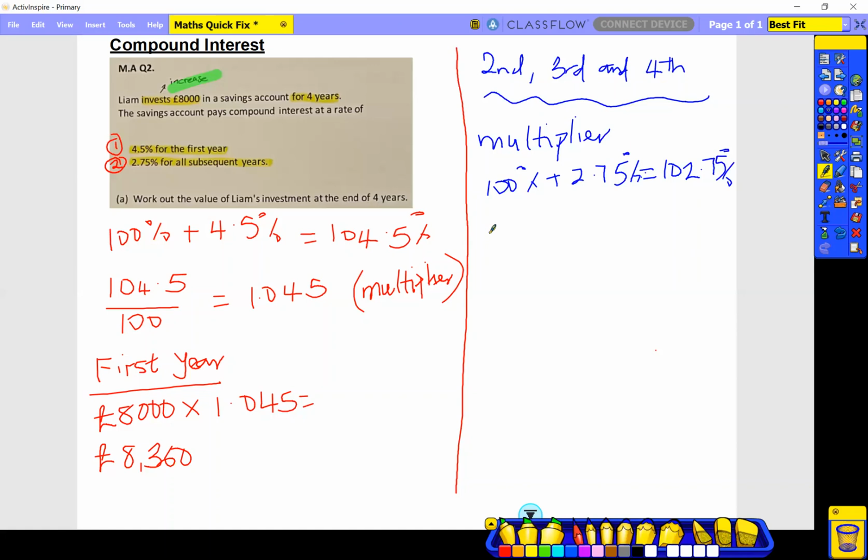And as a decimal it is 102.75 divided by 100, which gives 1.0275. So that's our multiplier.